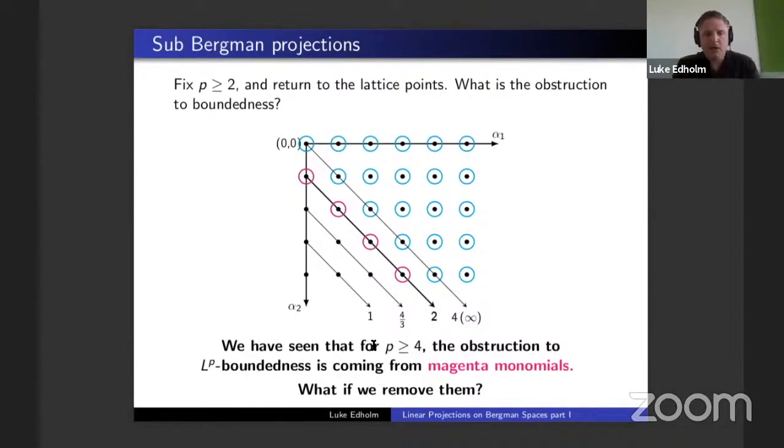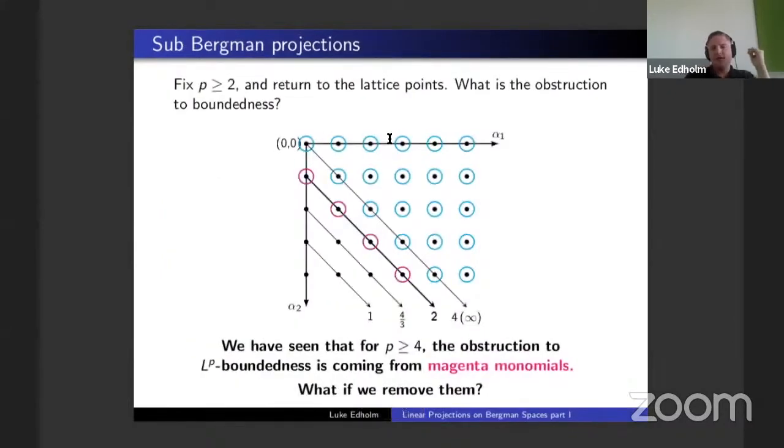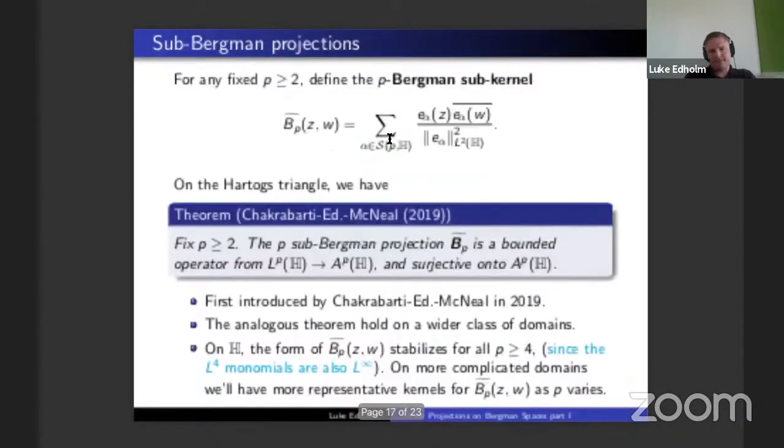We've seen a few slides ago that if p is greater than or equal to 4, the obstruction to LP boundedness comes from these magenta monomials, which are on the L2 line but are not L4. So what if we toss them out and define this thing called the p Bergman subkernel, where we're adding up the same things, but now over a smaller set. We're only adding up over the cyan monomials. The magenta ones we're forgetting about.